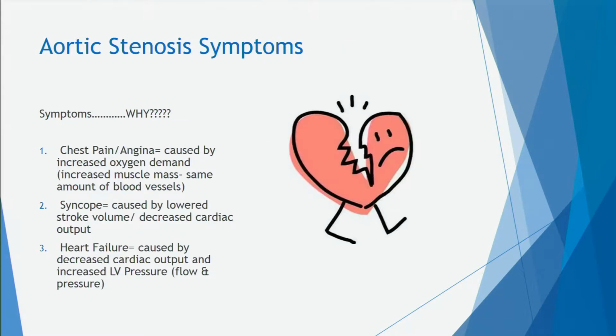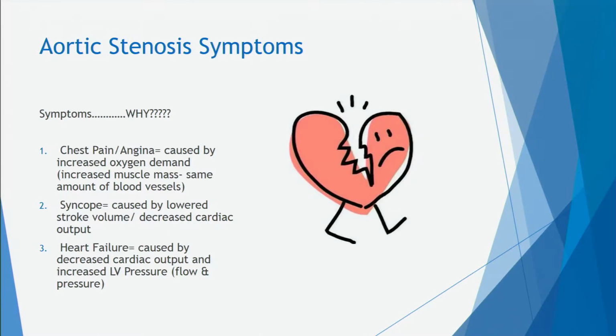Some of the symptoms that you will see with aortic stenosis, and why. So these patients may have chest pain, and you say, why would they have chest pain? It's not like an occlusion, they're not having a heart attack. This is because they have an increased oxygen demand. There's more muscle mass there, but there's not necessarily more blood vessels feeding that area.